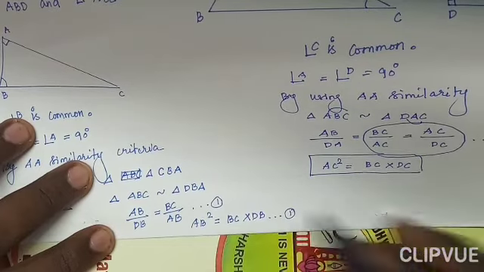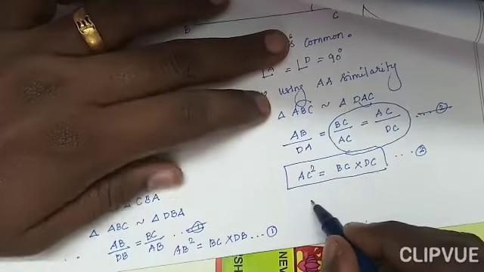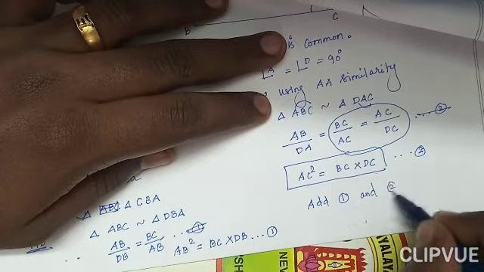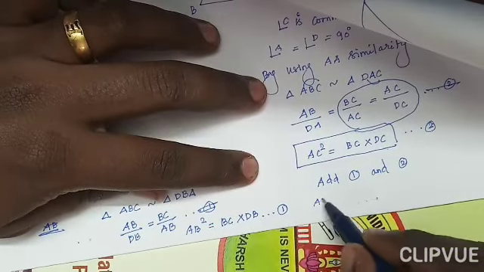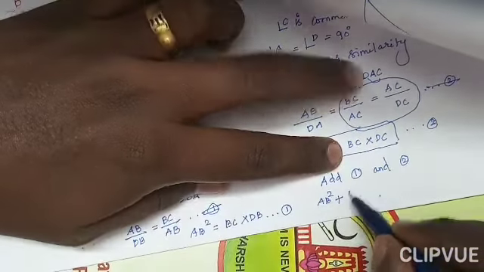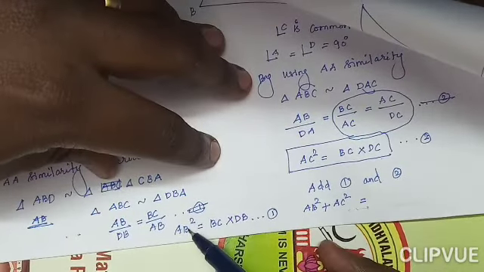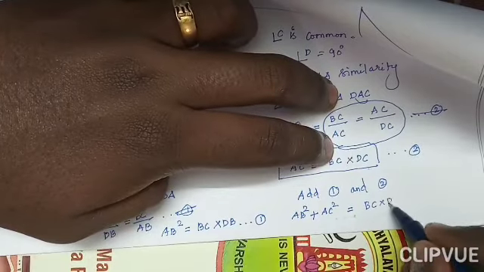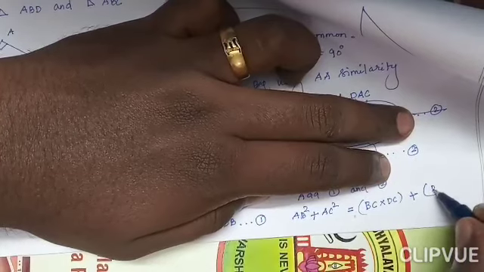This is 1. Here this is 2. So add 1 and 2. Left hand side AB square plus AC square is equal to BC into DC plus BC into DB.